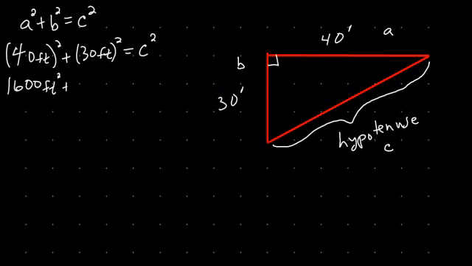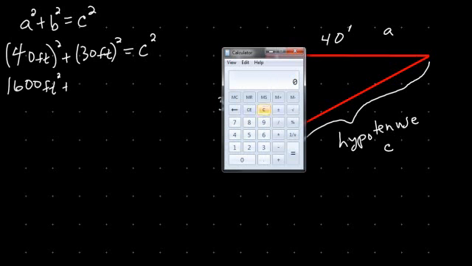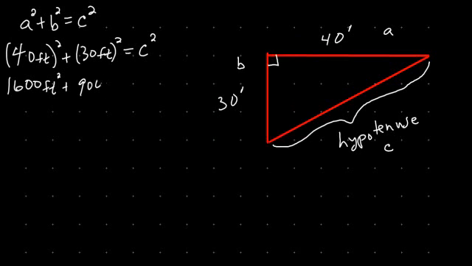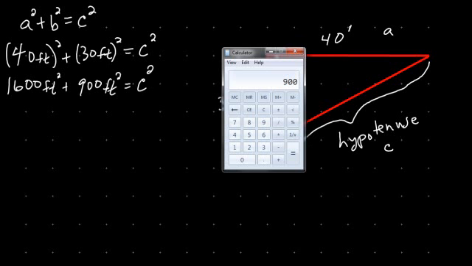Plus 30 squared, so that's 30 times 30, which gives me 900 square feet, equals C squared. So now we have 1600 square feet plus 900 square feet. Let's clear everything out. 1600 plus 900 gives me 2500 square feet.